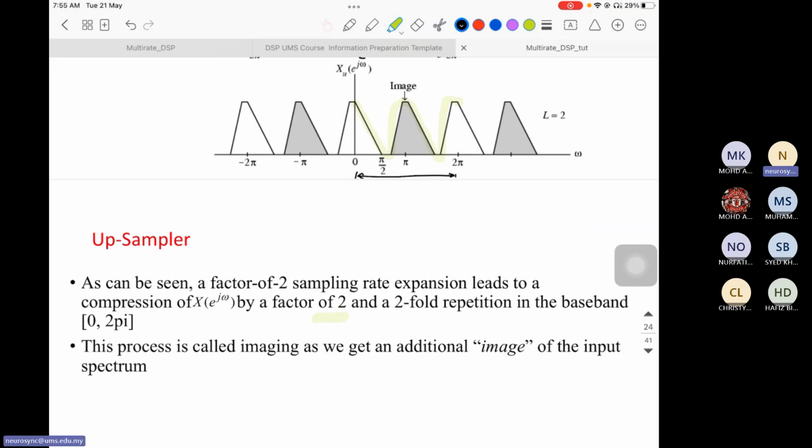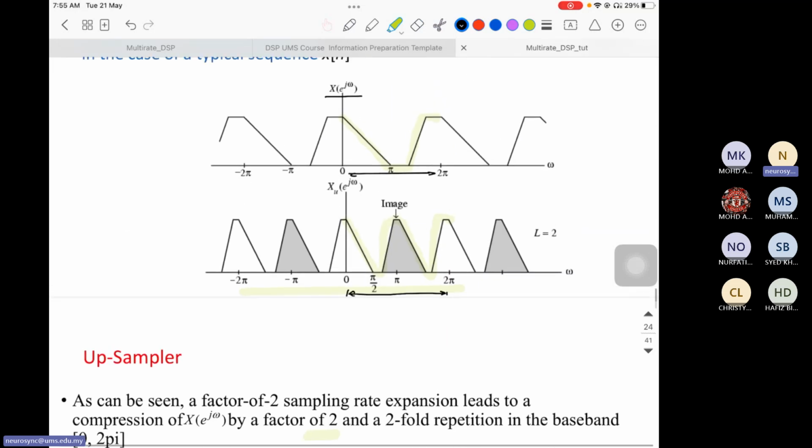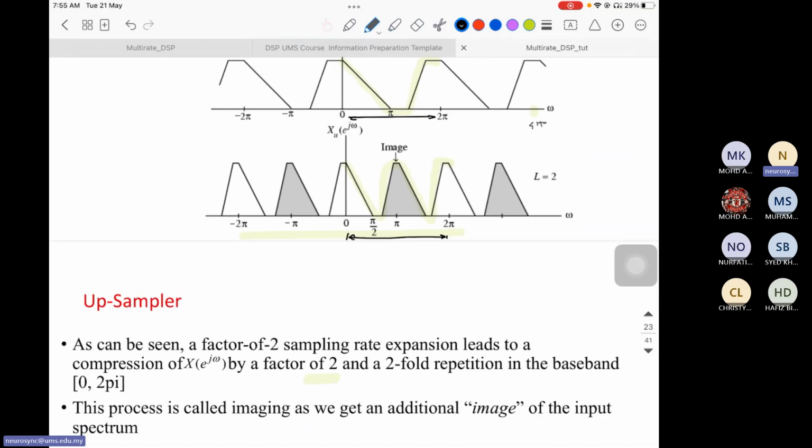This is a compressed waveform: if I say this is 4 pi, this whole part is compressed into the 0 to 2 pi range. So it is compressed by a factor of 2, and there will be a twofold repetition in the baseband from 0 to 2 pi.